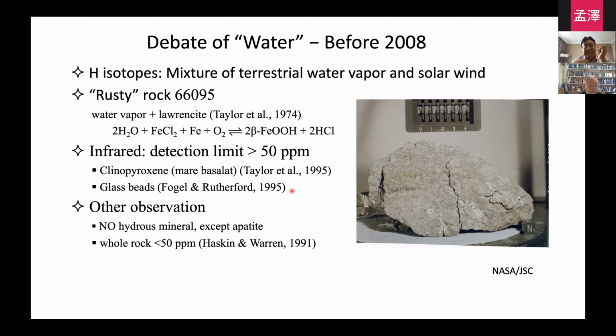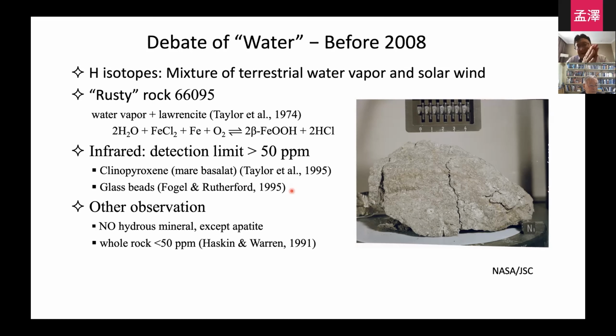The other one is a very famous rock from Apollo 16, 66095. It's called a rusty rock because this rock was discovered to contain rust.